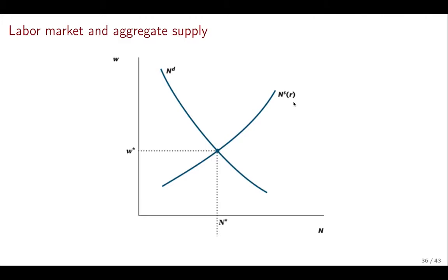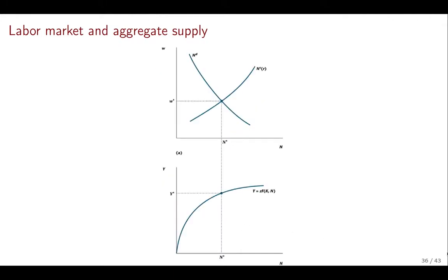Now for every interest rate, we can find the value of wages that clears this market and the implied optimal level of labor. So this is going to be equilibrium labor at a given rate R. If you wish, you can think of this N star as N star of R in parentheses right here.